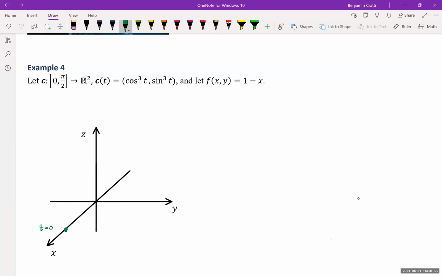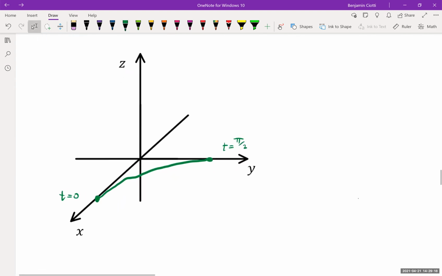And it ends at 0, 1. That's where t is equal to pi over 2. And it does so in like a curve like that. Okay, so there's the path C.